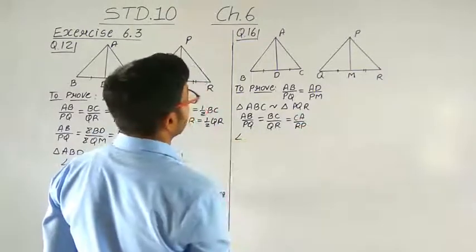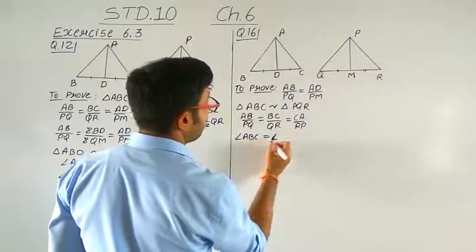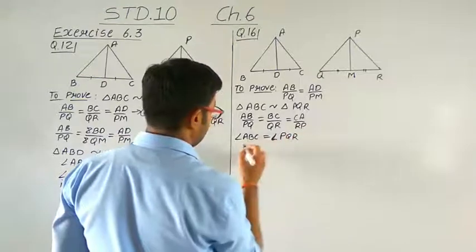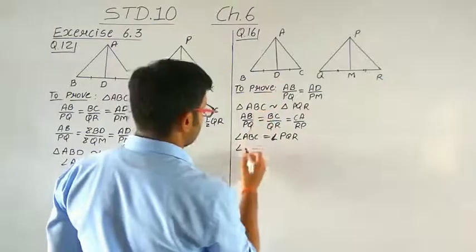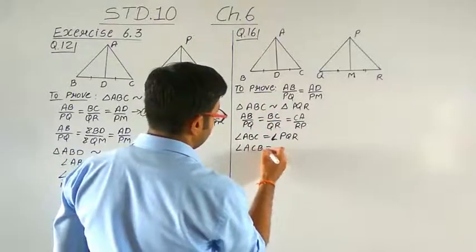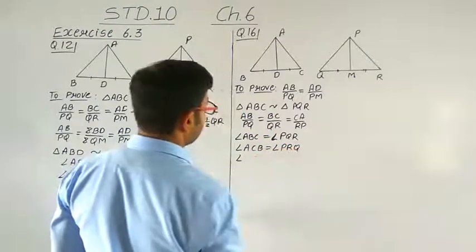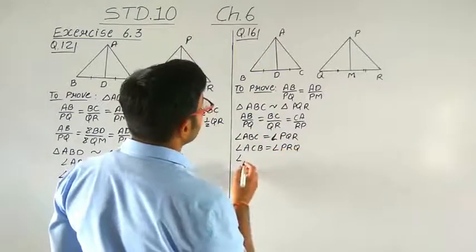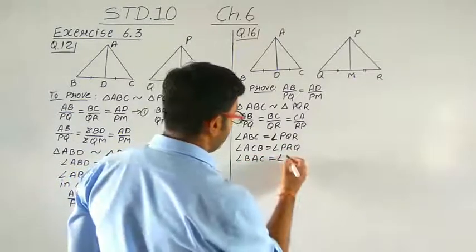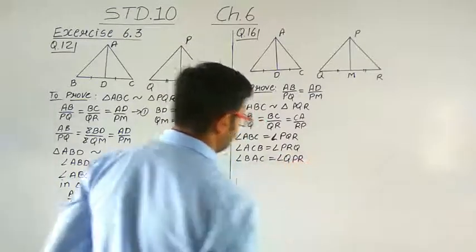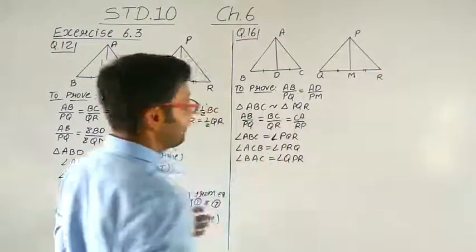So angle ABC will become equal to angle PQR, angle ACB will become equal to angle PRQ, and the third angle, angle BAC, will become equal to angle QPR. So all these things we can write down because the two triangles are given to be similar.